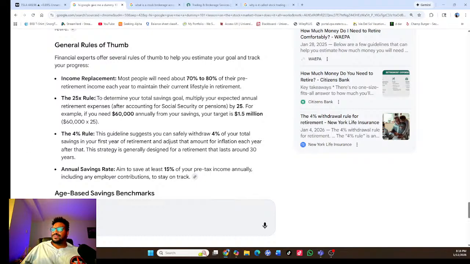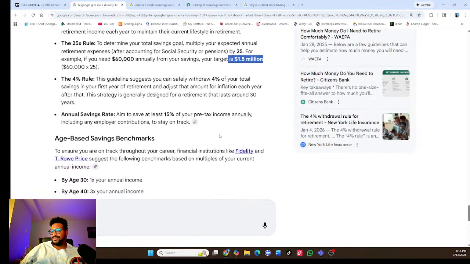There's a 25% rule to determine your total savings goal. Multiply your expected annual retirement expense by 25. For example, if you need $60,000 a year from your savings, your target is $1.5 million.